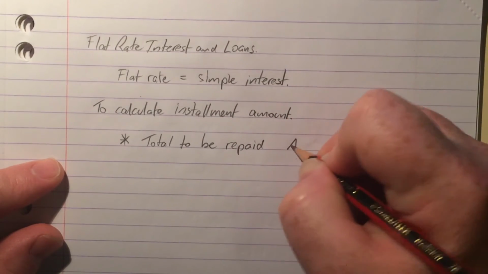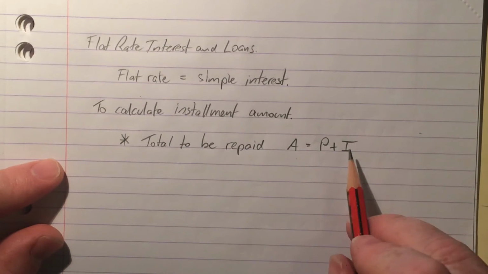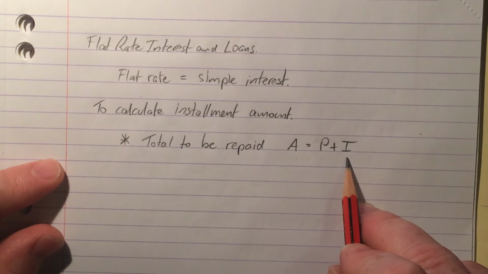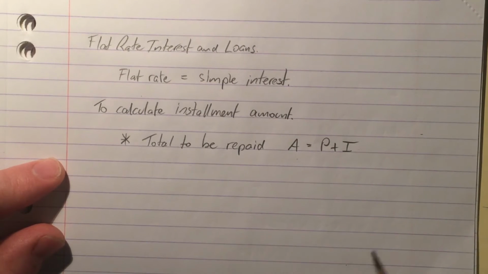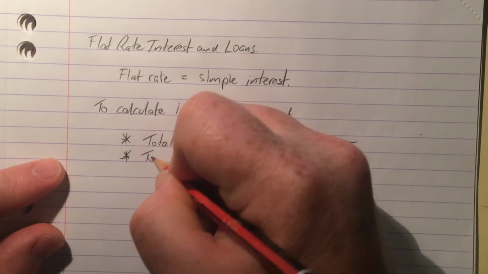So that's the principal plus the interest. Often you'll need to calculate what the interest is in order to determine the total to be repaid, and we need to know the total number of repayments.